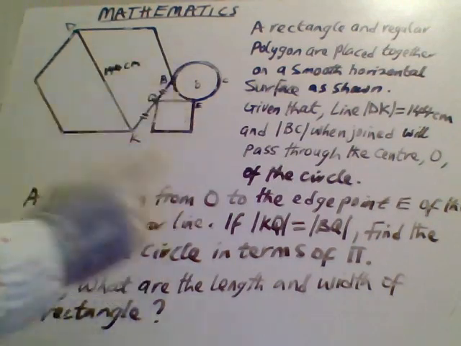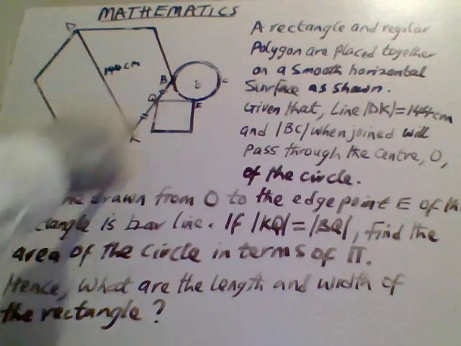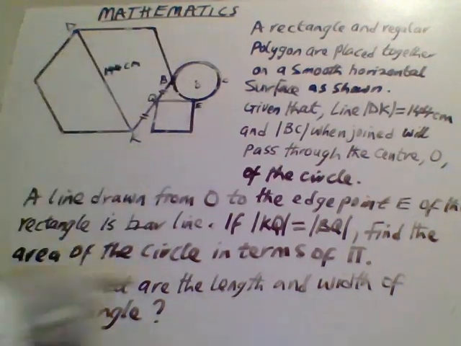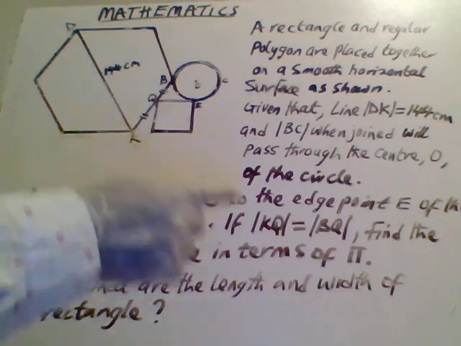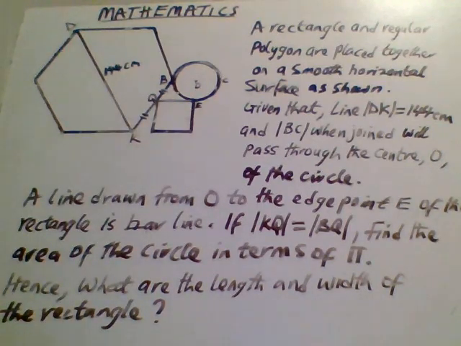If KQ is equal to BQ, find the area of the circle in terms of pi. Hence, what are the length and the width of the rectangle?